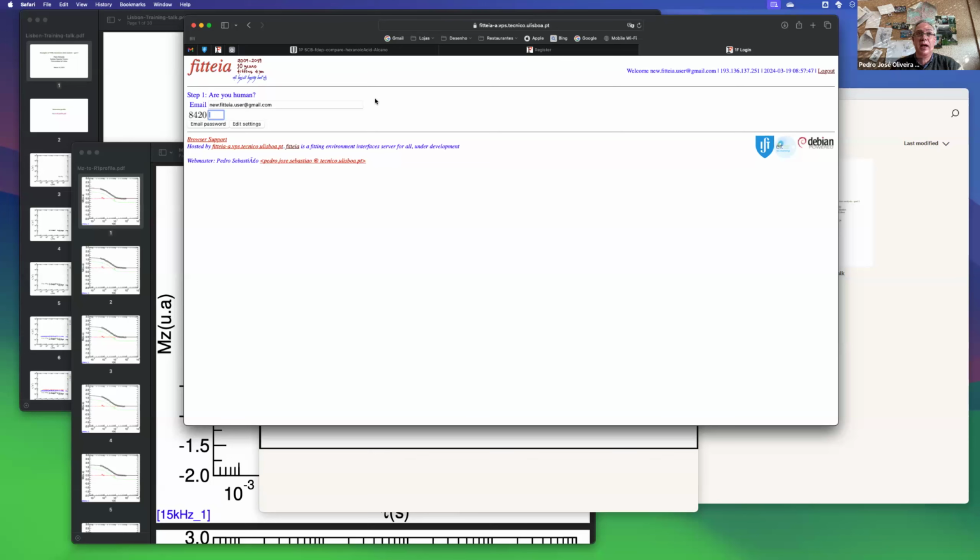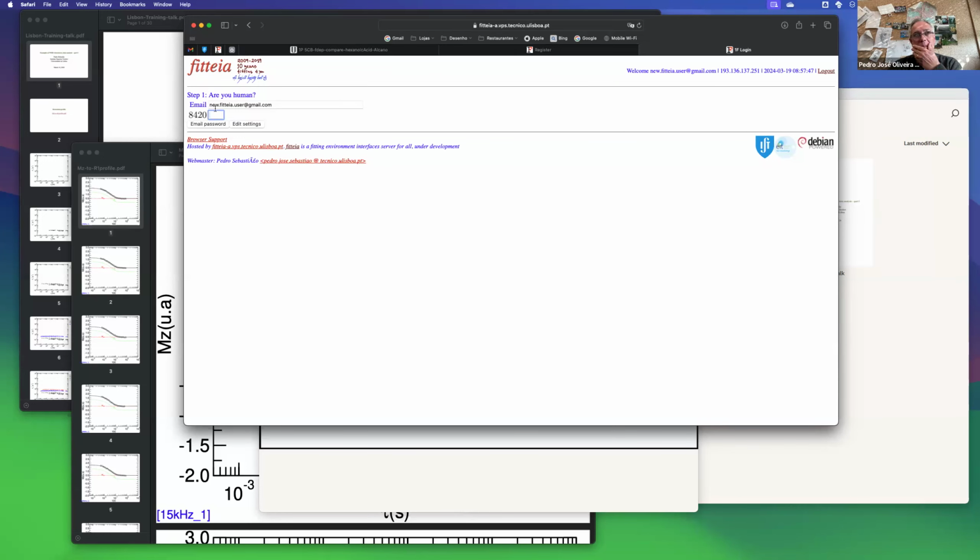But it might happen. FITEA comes from 2009, and back then I was pretty sure no robot was able to answer this. Nowadays, I'm not so sure.